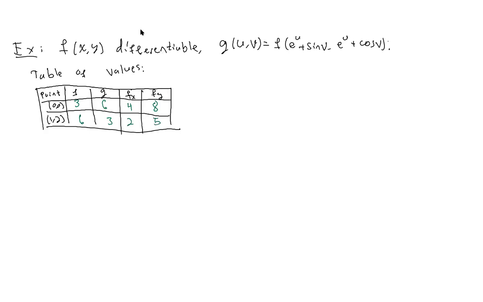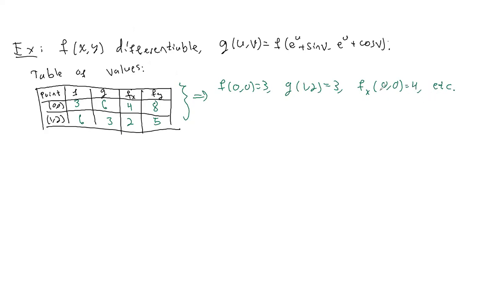So here's how you use this table. What this table means, basically, is that f of 0, 0 equals 3, g of 1, 2 is also 3, and fx of 0, 0 is 4, and so on and so on.